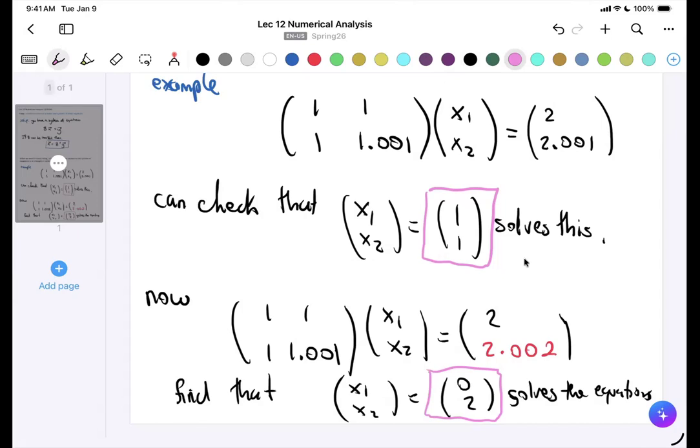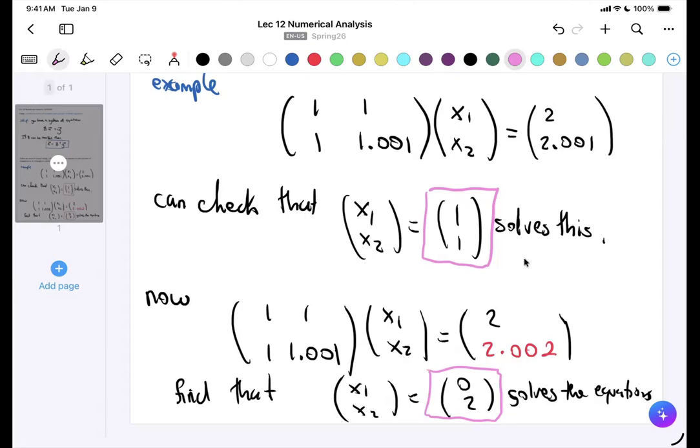Of course, what is lurking in the back, at least in this case, is that if you look at this matrix, its determinant is almost zero, because the entries are all very similar to one another. There is a formula for the inverse of a matrix which involves one over the determinant of the matrix.